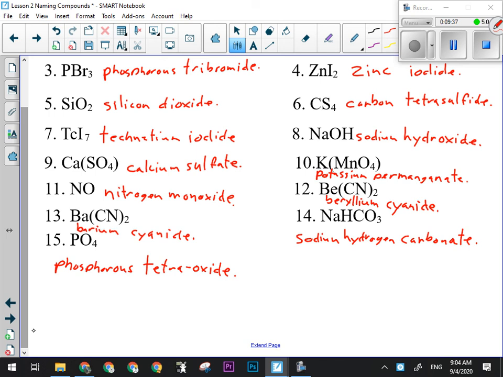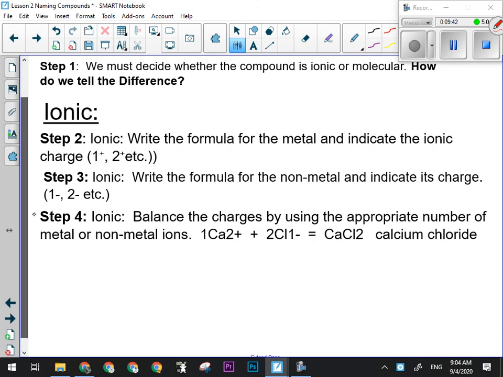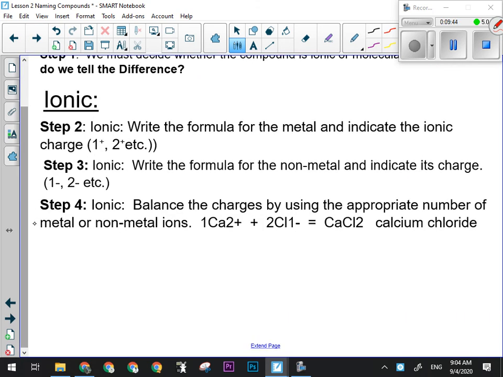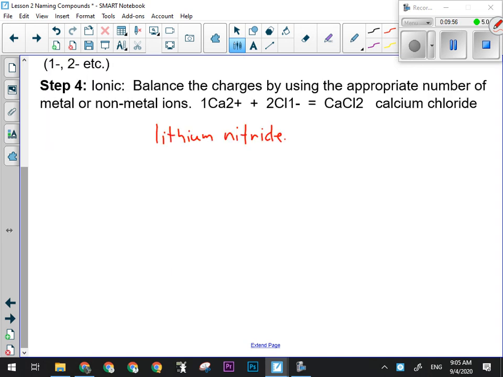Okay, so if I'm looking at, let's do an example here. Let's say I've got lithium nitride. Okay, first off, ionic or molecular?